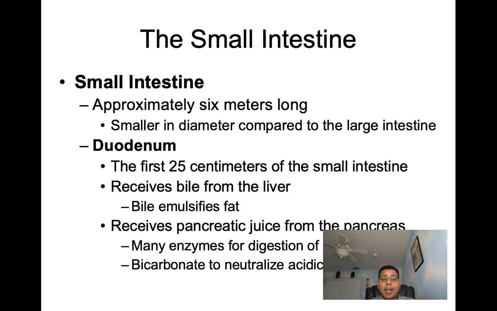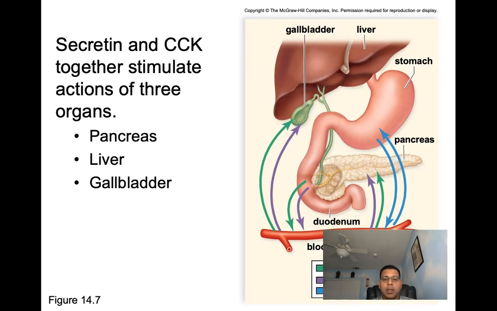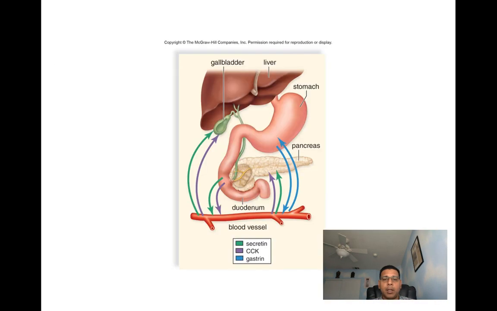The small intestine receives bile from the liver, and it receives pancreatic juice from the pancreas. We can check that out by jumping a few slides forward. Here you can see that very well.